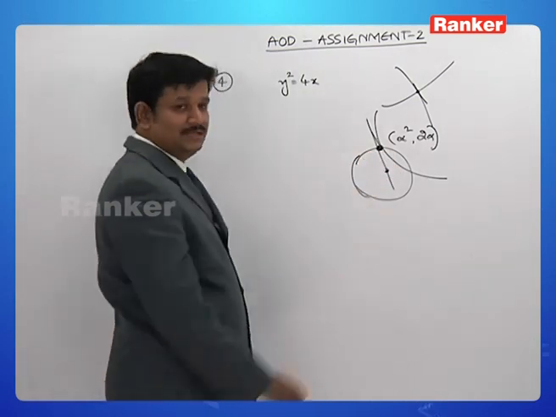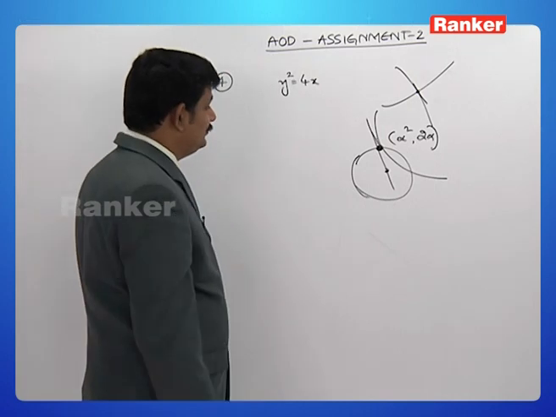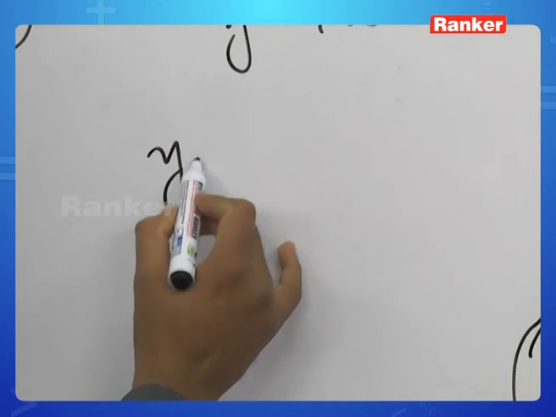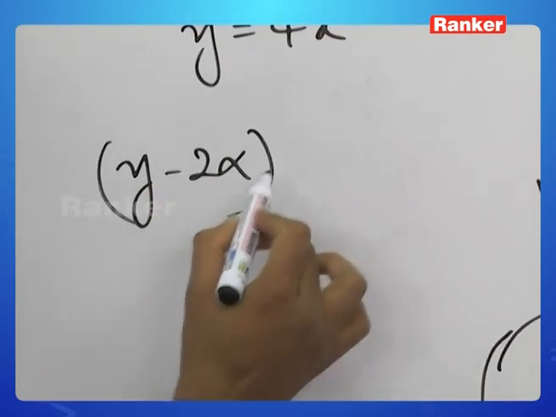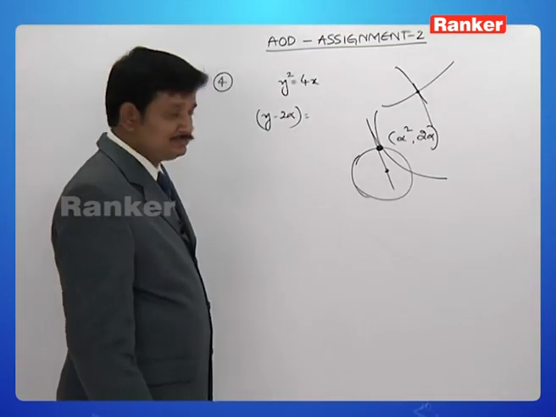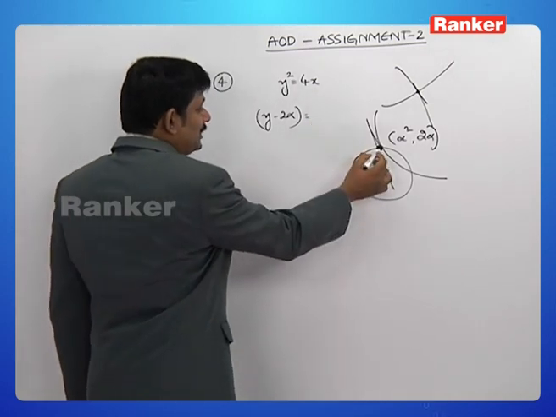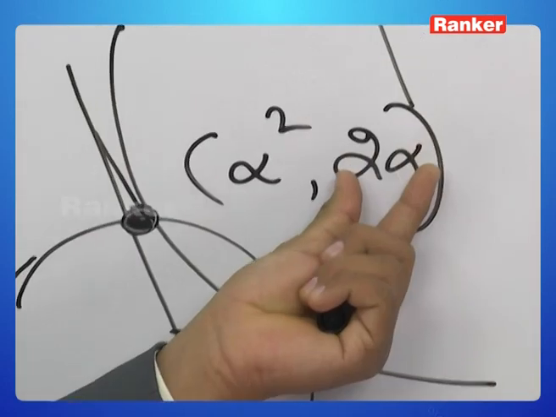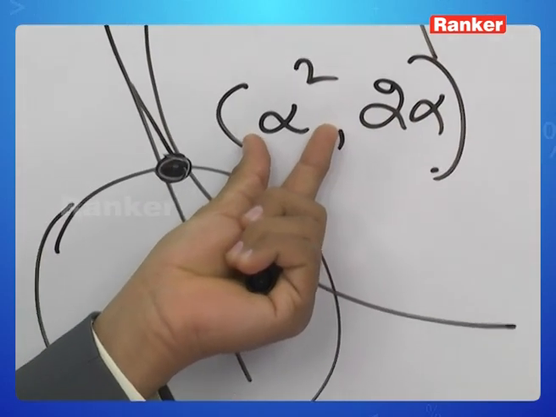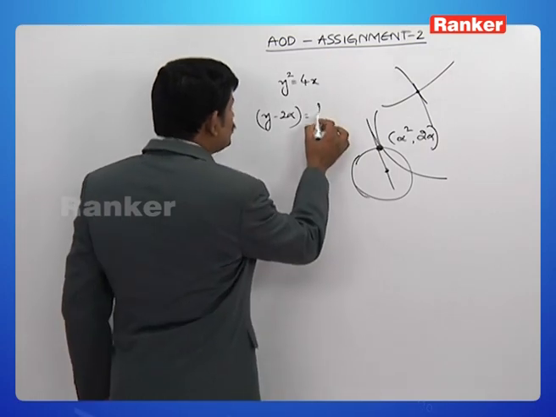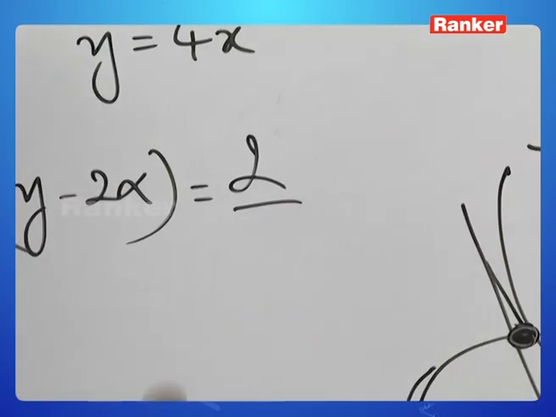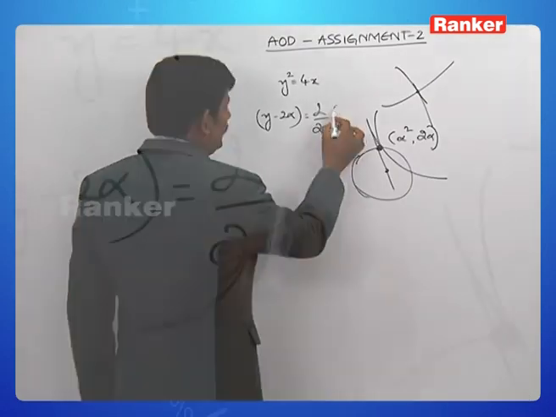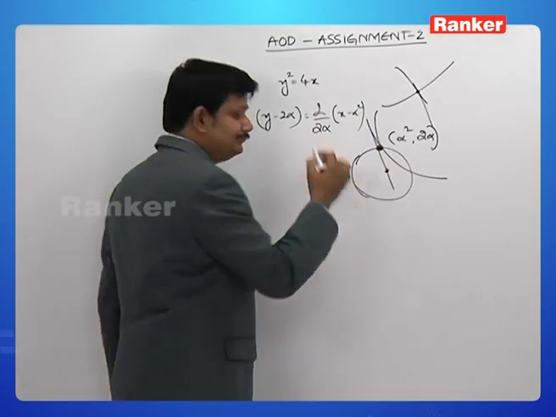The equation of the tangent at this point is y minus 2 alpha equal to the slope, which is given by dy by dx, by parametric differentiation dy by d alpha divided by dx by d alpha. Dy by d alpha is 2, dx by d alpha is 2 alpha. So it is 2 by 2 alpha into x minus alpha square.